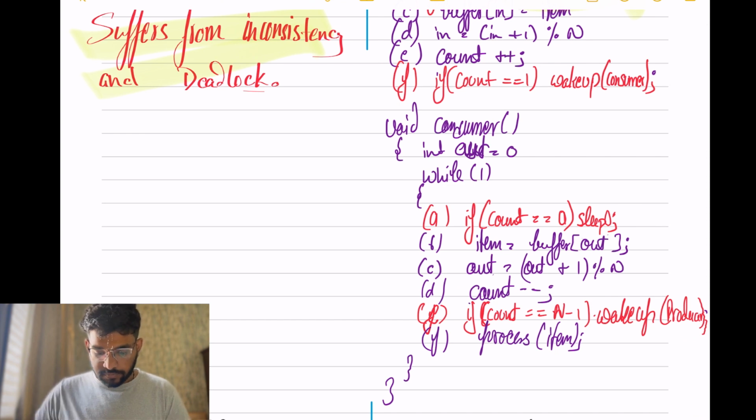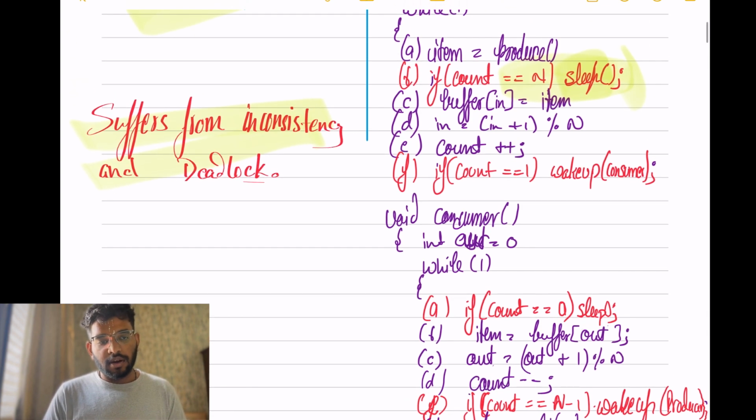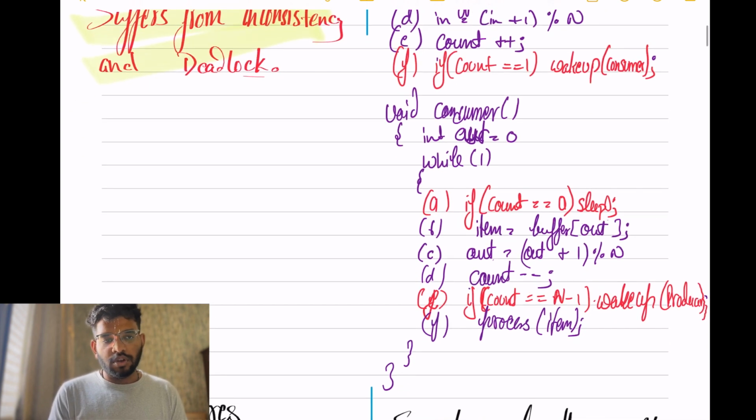The producer goes to sleep forever because it thinks that the buffer is full, but in reality the buffer is not full. Now as the consumer goes on consuming, the buffer becomes zero. As the buffer becomes zero, the consumer goes to sleep.